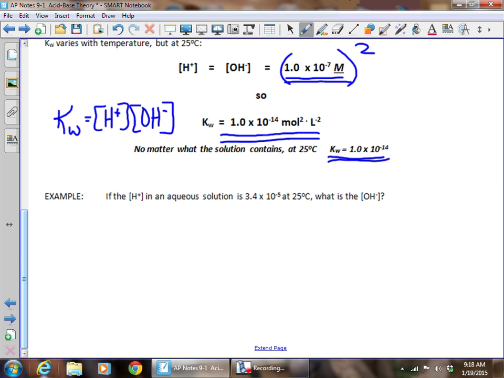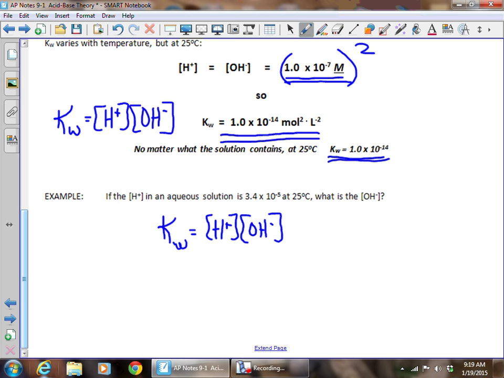So example, if the hydrogen ion concentration is 3.4 times 10 to the minus 5th at 25 degrees Celsius, what is OH minus? Well, since we know this, Kw is the concentration of the hydrogen ion times the concentration of the hydroxide ion.